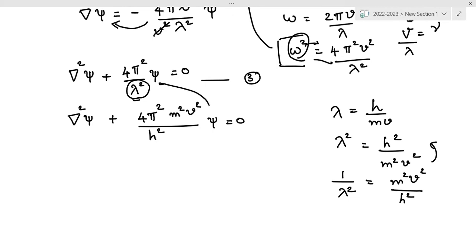So psi is written here. Even we can replace this with h cross, where h cross is called the reduced Planck's constant.